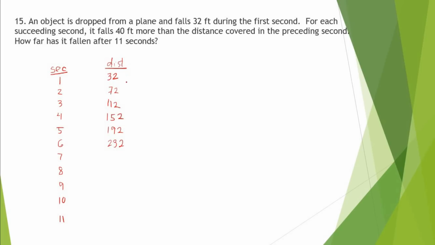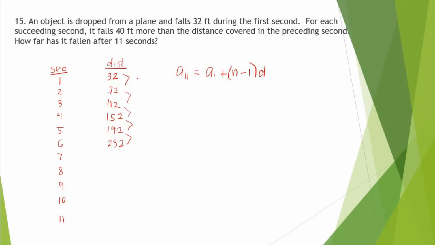Anyway, we can solve the problem using this method. However, we will use the formula for us to solve faster. Our 11th term is simply equal to A1 plus n minus 1 times d.